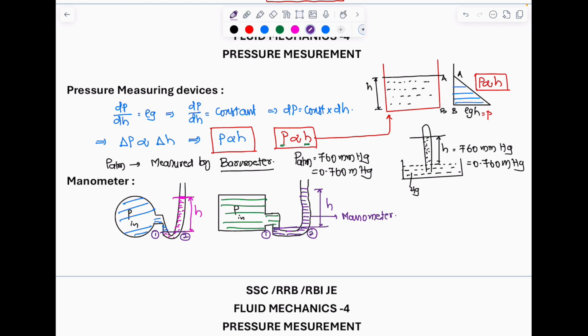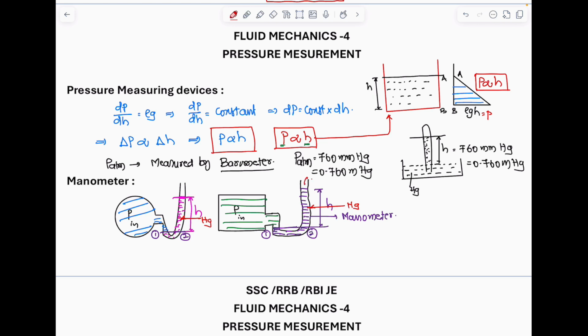Hence we use mercury in this. Usually we use mercury, but in examination anything can be asked. Don't take that only mercury will be used. Anything can be used.